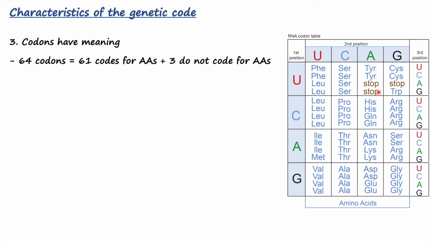These codons do not really code for anything. They do not code for an amino acid. In fact, they indicate translation termination. So there are 61 codons which code for amino acids, and 3 codons which do not code for an amino acid. Therefore they indicate translation termination.